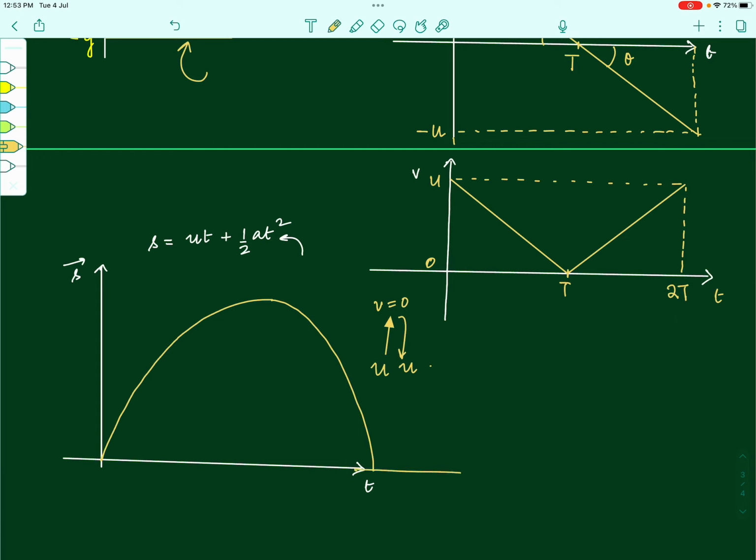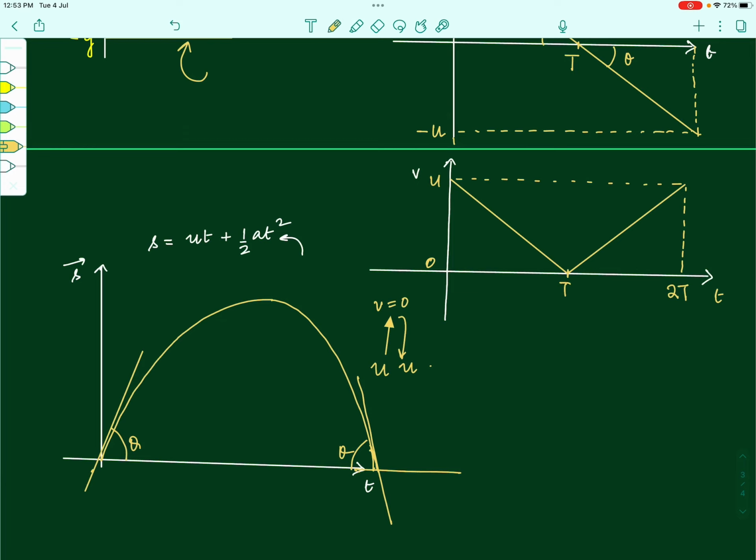And by the time it reaches down over here, it will have the same speed but with an opposite direction. So, whatever angle the tangent makes at the starting point, you will have the same slope but in the opposite direction over here. So, this angle and this angle would be the same.